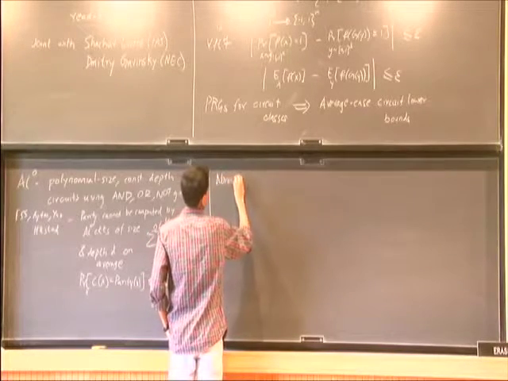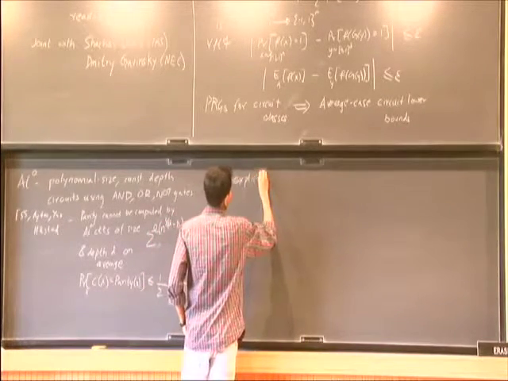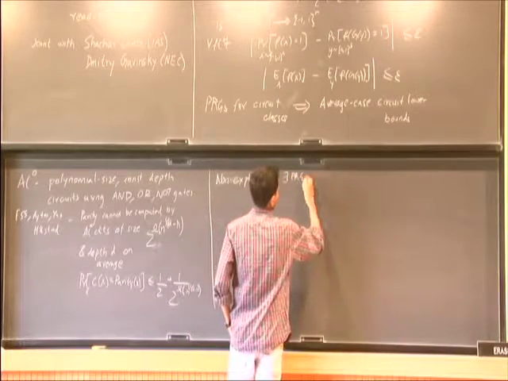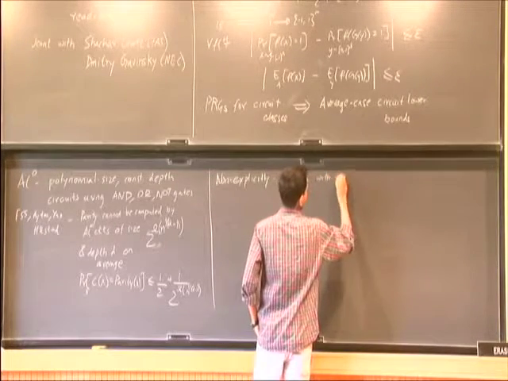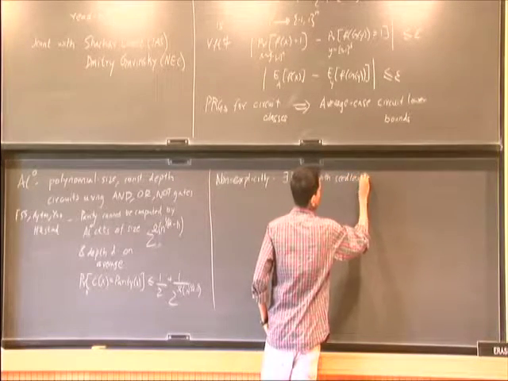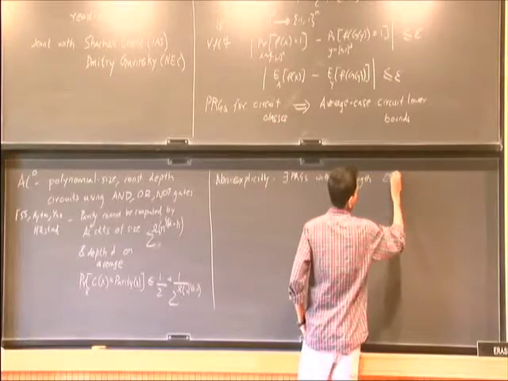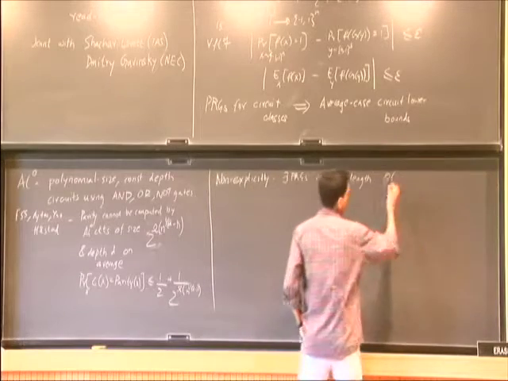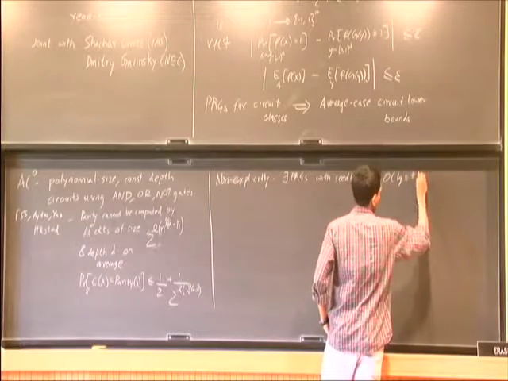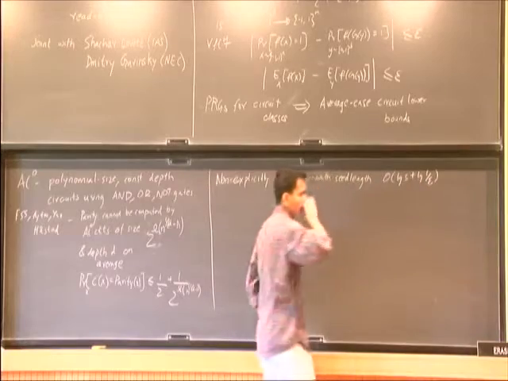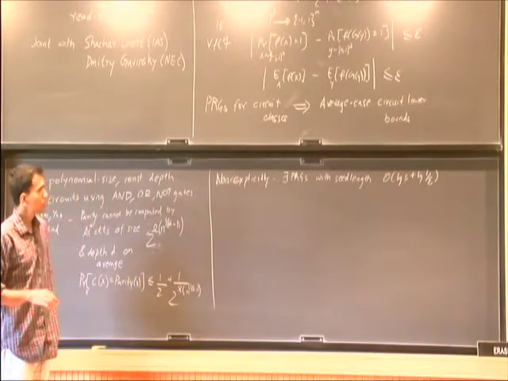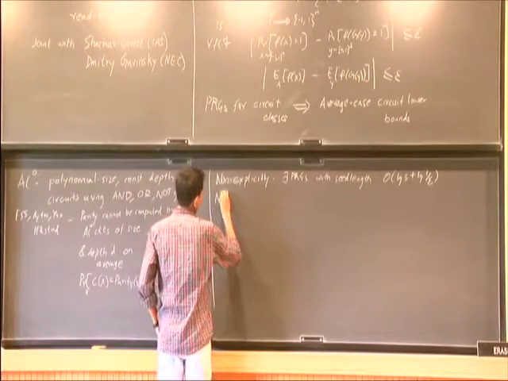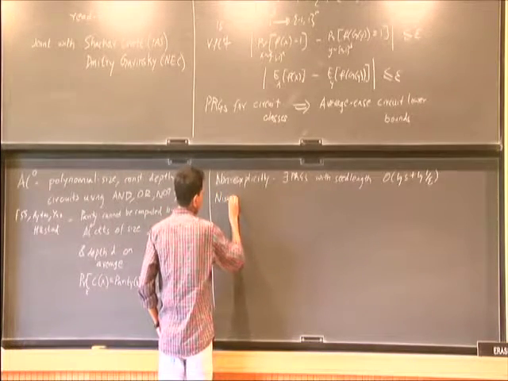We know non-explicitly that there exist PRGs with seed length, if I'm looking for pseudorandom generators for circuits of size S, log S plus log 1 over epsilon. This is always the ultimate goal that we are shooting for.